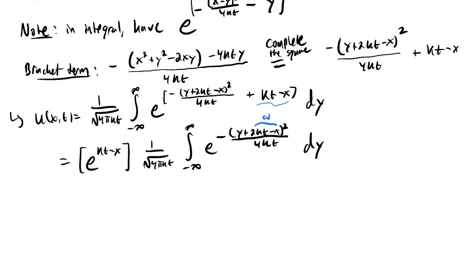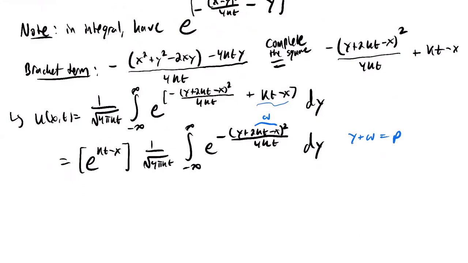Well, if I just change variables, say y plus w is equal to p, notice when I make this substitution, the bounds of the integral don't change because it's still from minus infinity to infinity, and p and y have the same sign, right? So you don't have to worry about that.